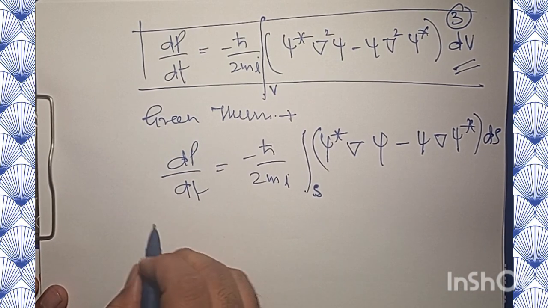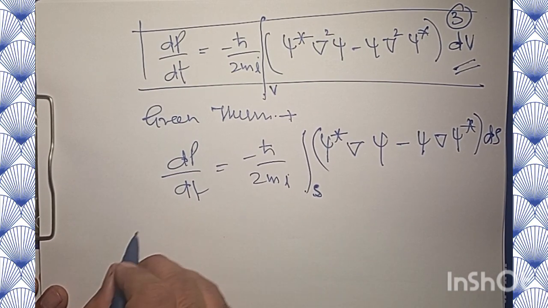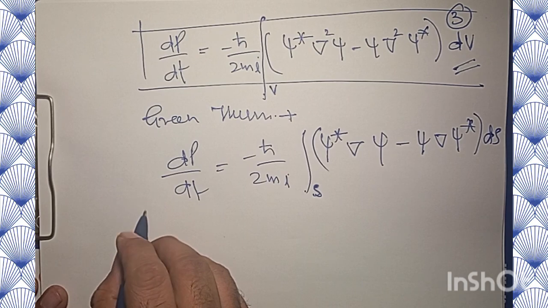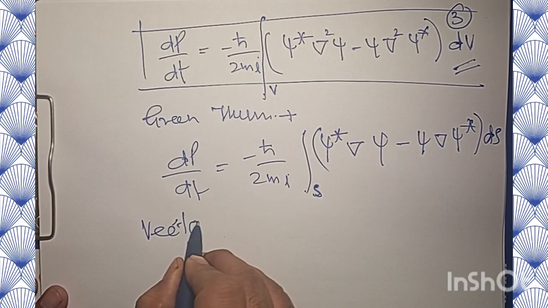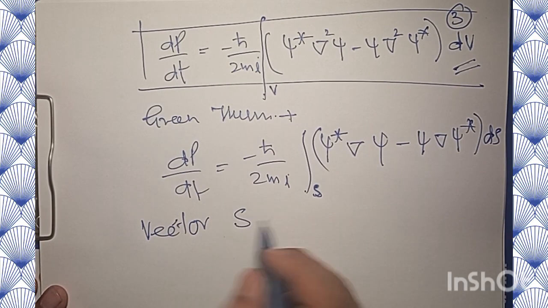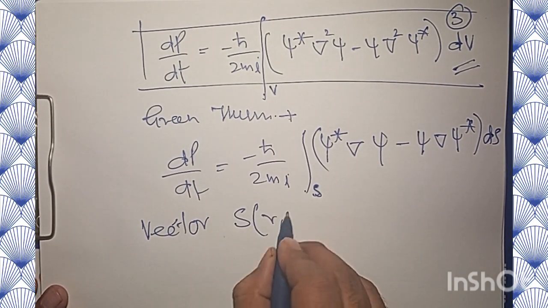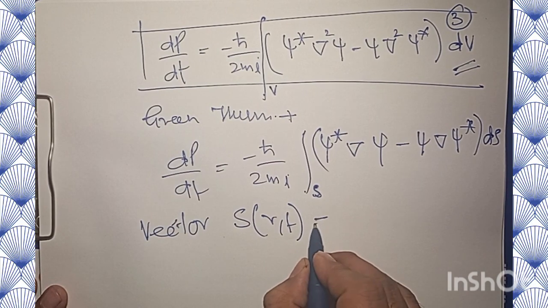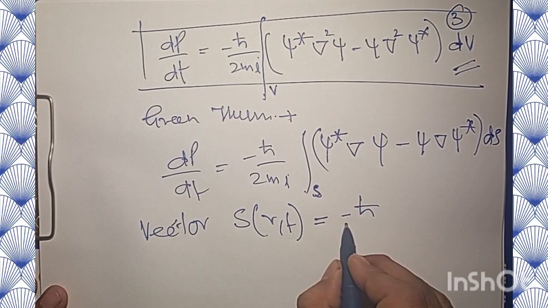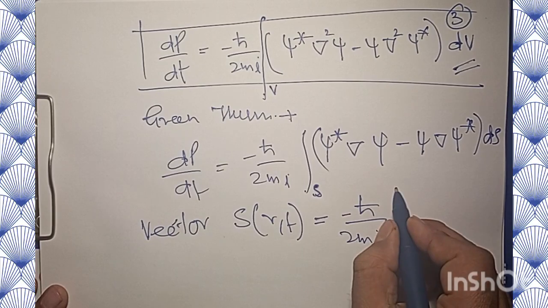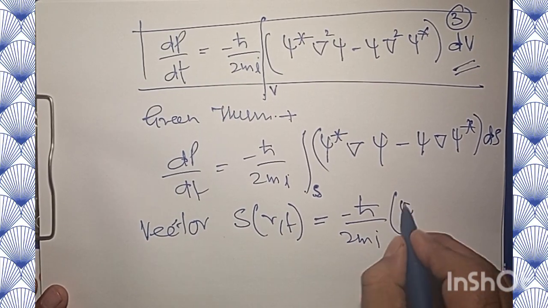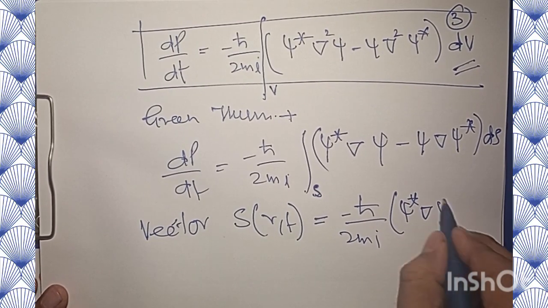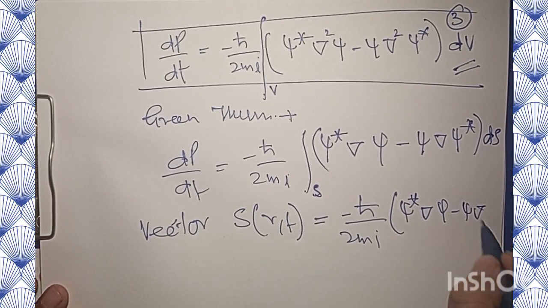Let me define a vector here again. Suppose I have a vector S, which is a function of r and time, and this vector I define as minus ħ/2mi times (ψ* ∇ψ − ψ ∇ψ*).